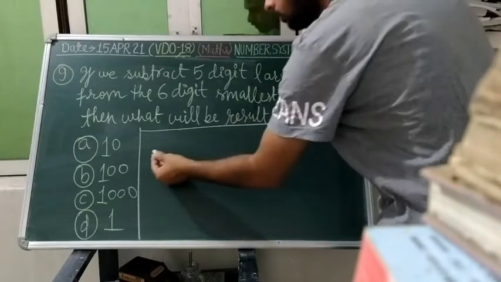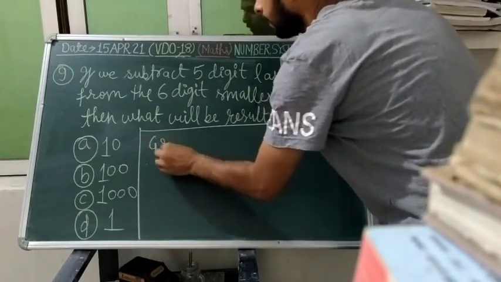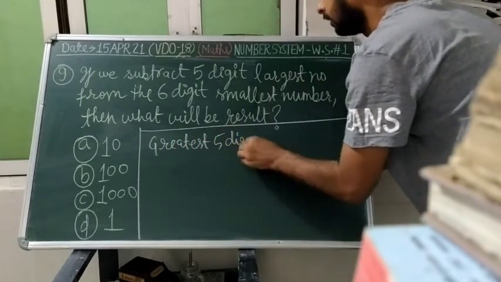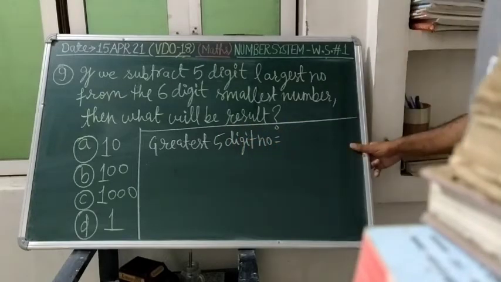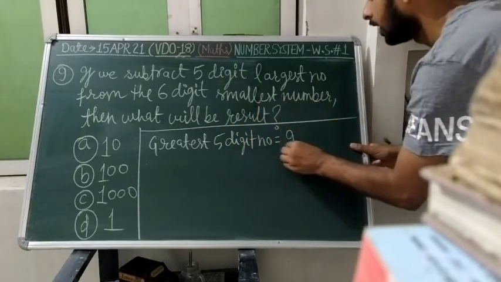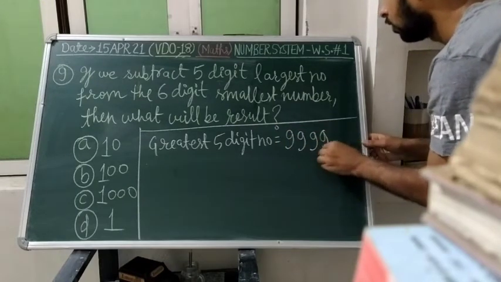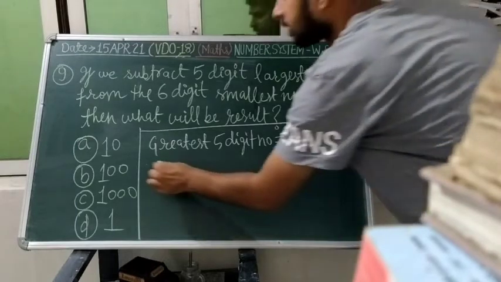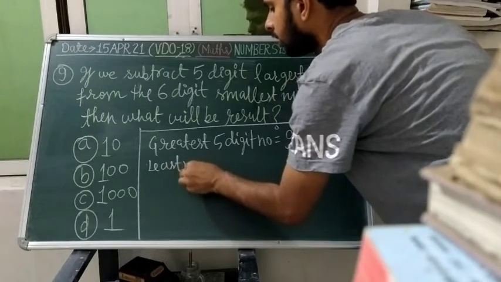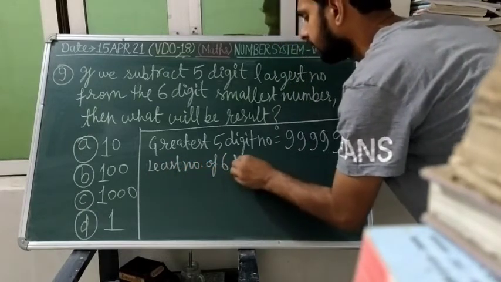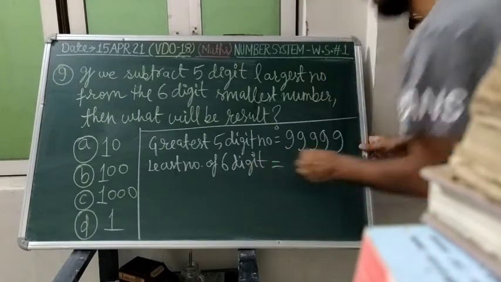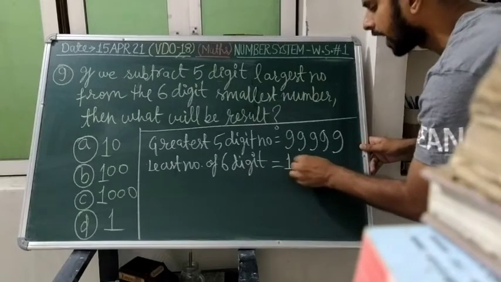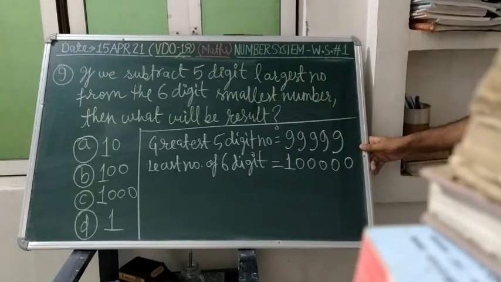You know that the greatest 5 digit number is 9 written 5 times, that is 1, 2, 3, 4, 5 times. And the least number of 6 digit: you write n minus 1, that is 6 minus 1, 5 zeros on the right side of 1.